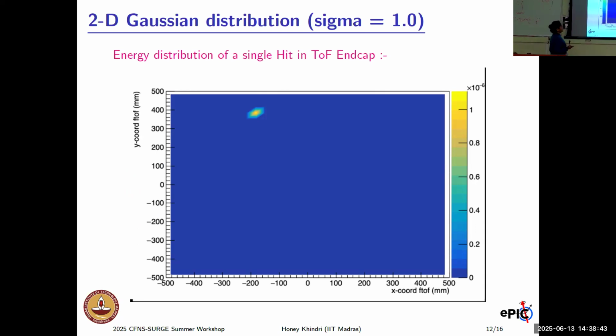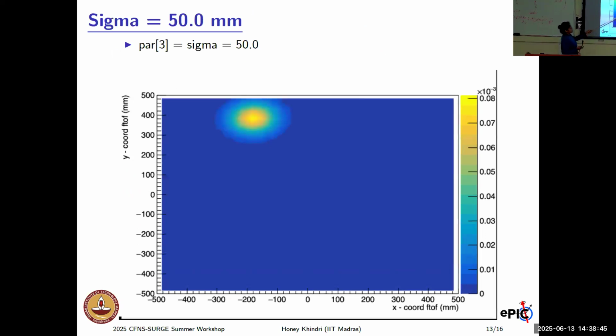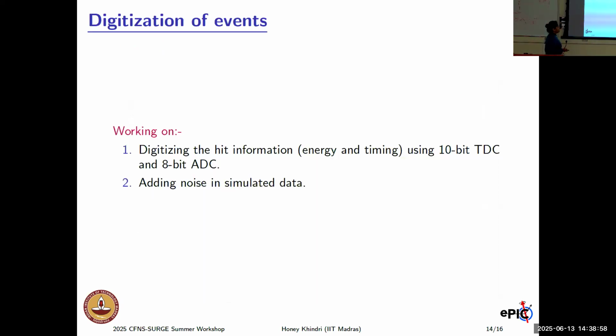This is with sigma 1, and this is the same hit with sigma 50. But this is just to exaggerate. It is not a reasonable number, just to make you feel how energy is actually deposited when the hit goes into the detector. The next step is to digitize the hit information into ADC and TDC, and add noise to the simulated data.